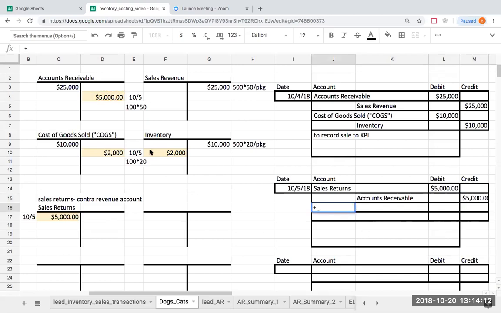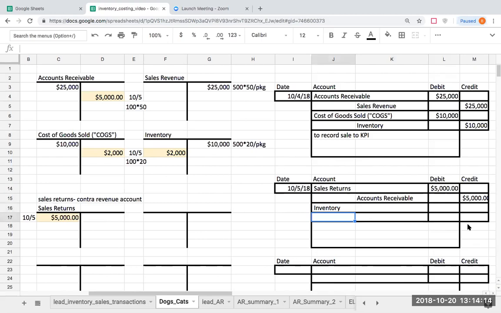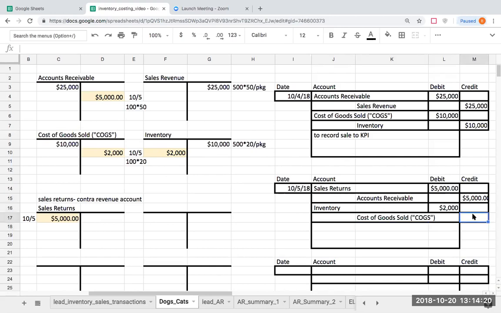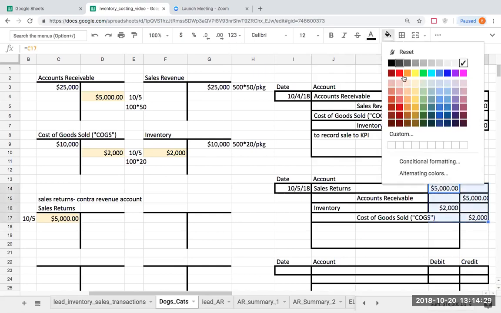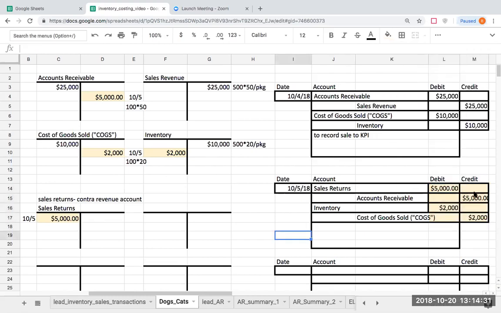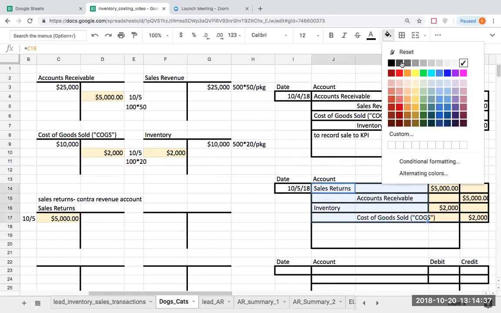I debited inventory for 2,000, and I credited cost of goods sold, or COGS, for 2,000. And I will highlight these in that off yellow so that you can see where I went through and added them in.